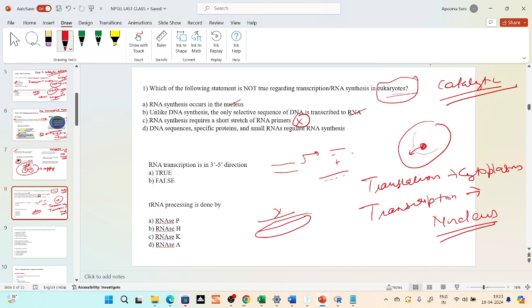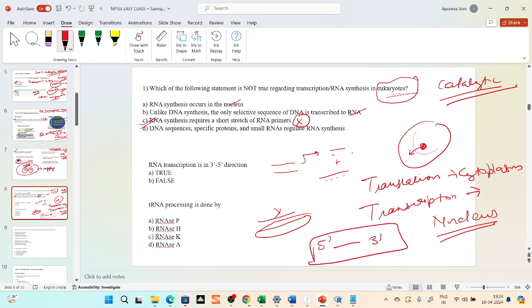Then, DNA sequence, specific proteins, and small RNA regulate RNA synthesis. It is also correct. So C is the incorrect statement. Then, RNA transcription occurs in 3' to 5' direction. What should it be? True or false? RNA transcription occurs in 3' to 5' direction or 5' to 3' direction?